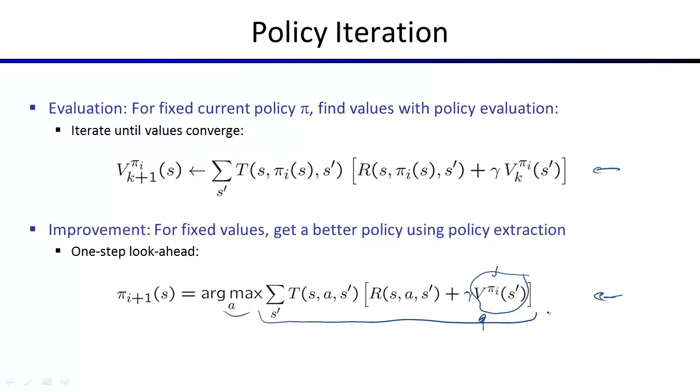Now look over all actions, see which one is best. Then I know that it's better to take that best action, followed by the policy pi i, than just blindly follow the policy pi i already from the first step. Because now I'm picking the best one among all actions, followed by pi i, rather than fixing pi i at the first time. So doing something better at the first time, followed by sticking to your plan pi i, is better than at the first time just sticking to your plan already.